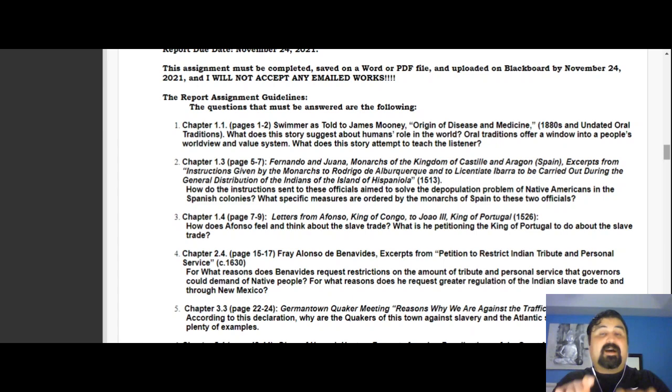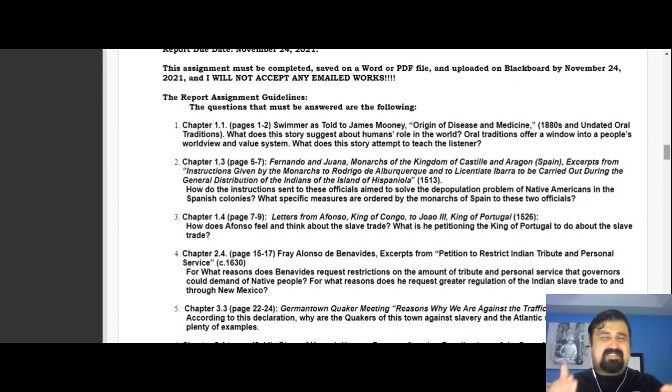The answers you provide must be a page per document. So there are 10 documents, which means 10 pages. At the very end, you're supposed to have 10 full pages of answers.